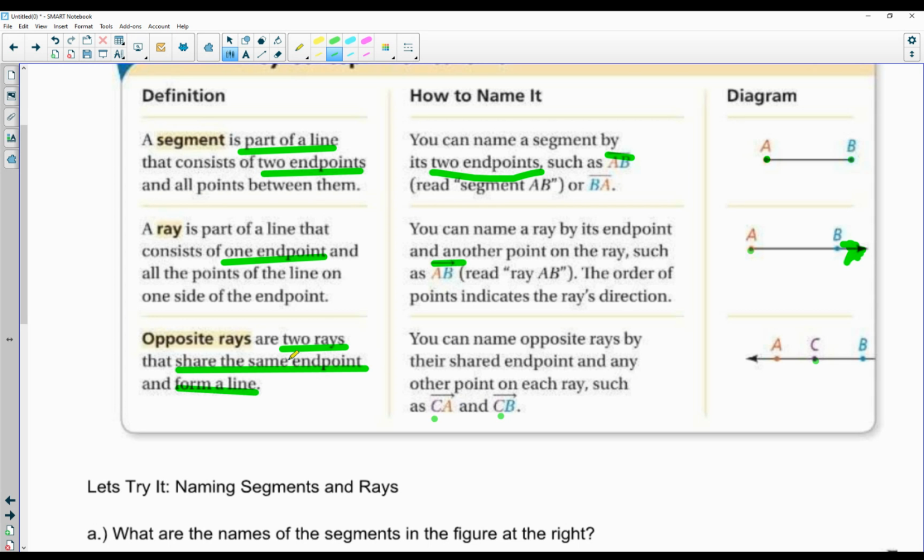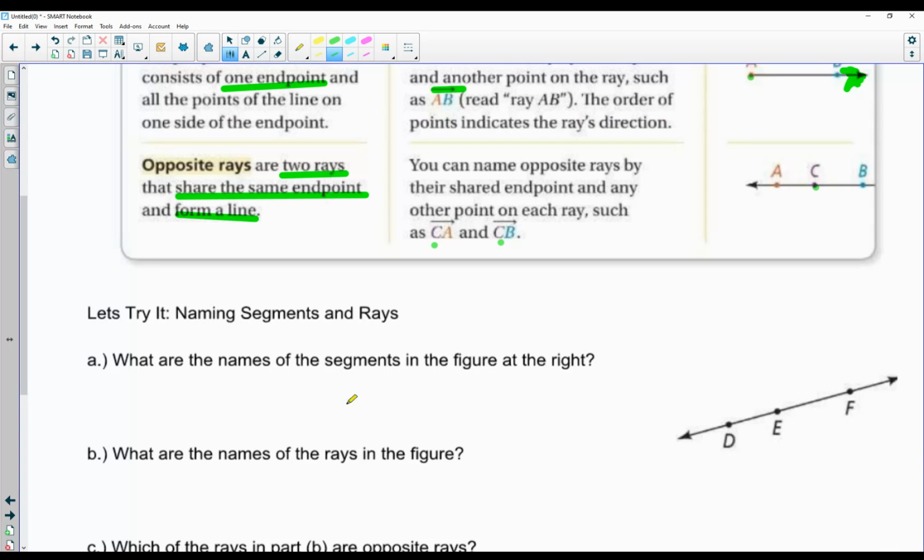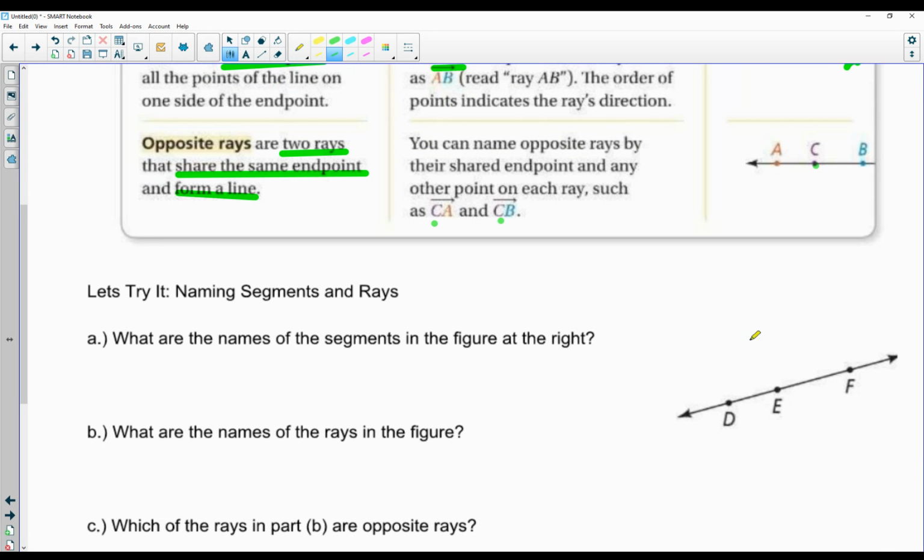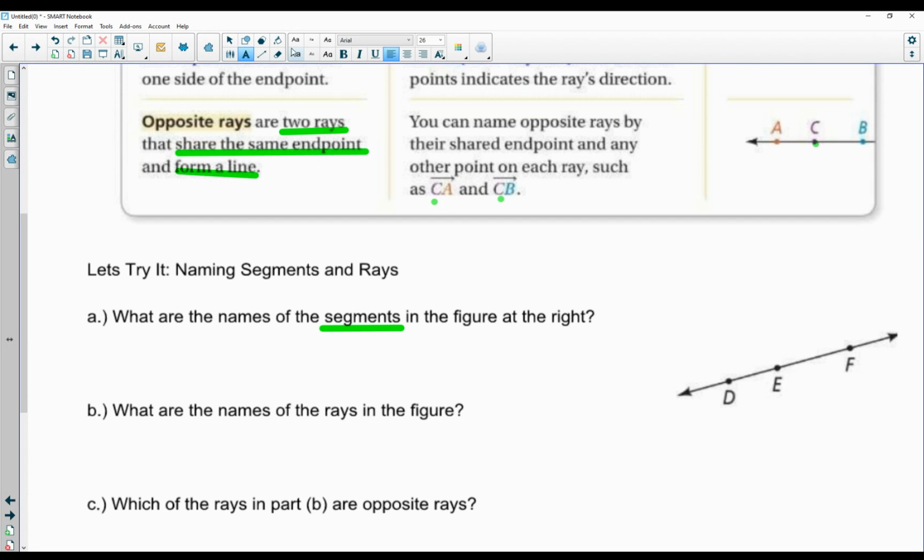All right, so let's go through then how to name some of the segments in the figure over here. Okay, so remember, we're naming segments, so that's going to have the bar on top. So some segments that you see. I'm going to highlight one segment that I see, and the first segment that I see is this segment right here. So how would I name that yellow segment? I would name that segment by using the endpoints D, E. But it needs to have a little bar, since it's a segment.